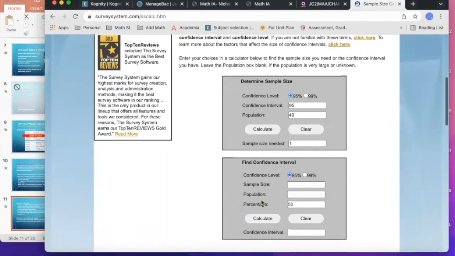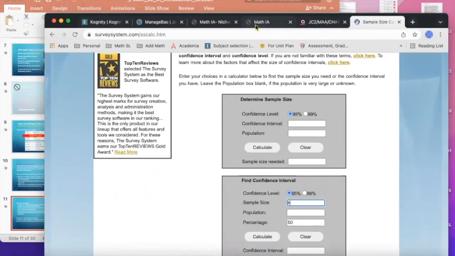Sample size needed 1. Clear. Confidence interval. Oh, sorry, we don't know confidence. The sample size, you collect 6, yeah? Is that correct? 6?